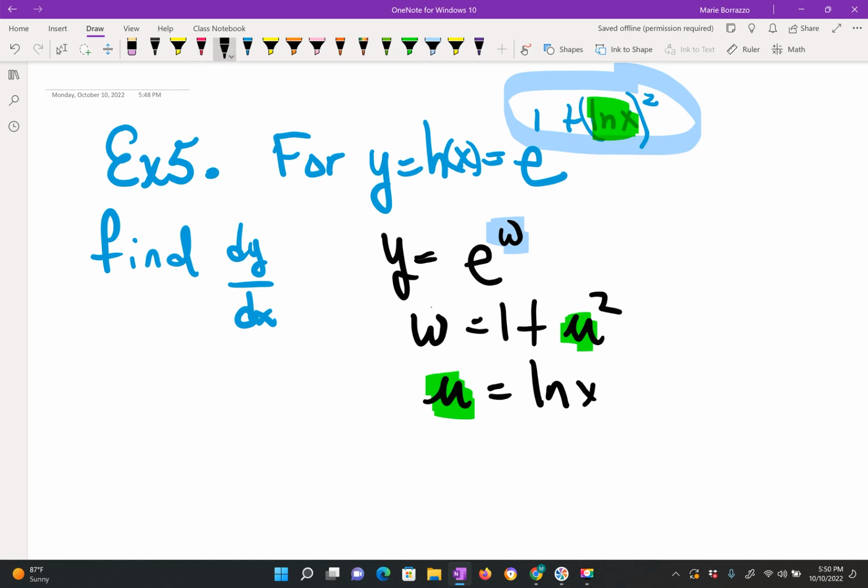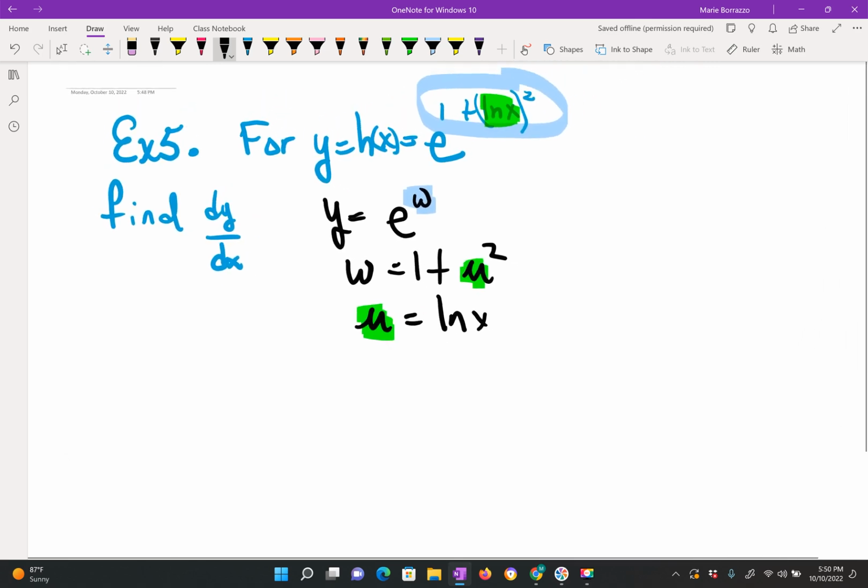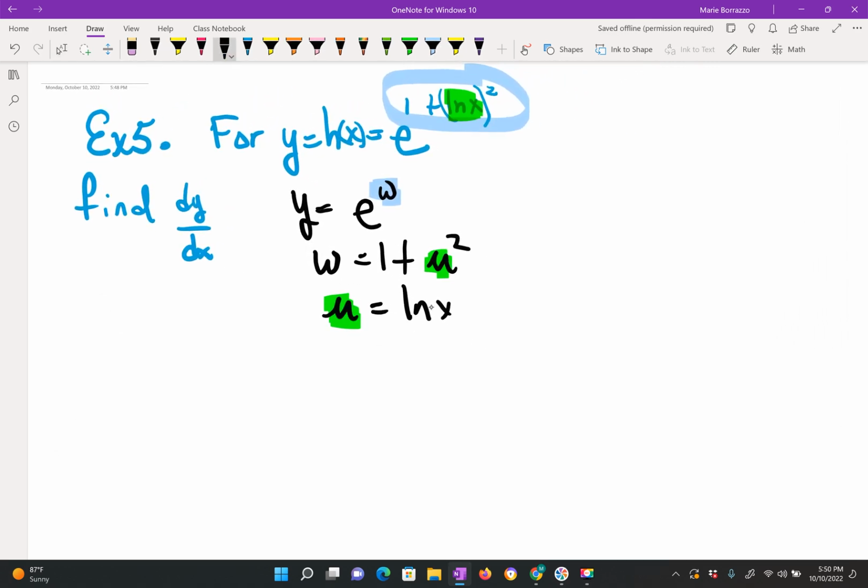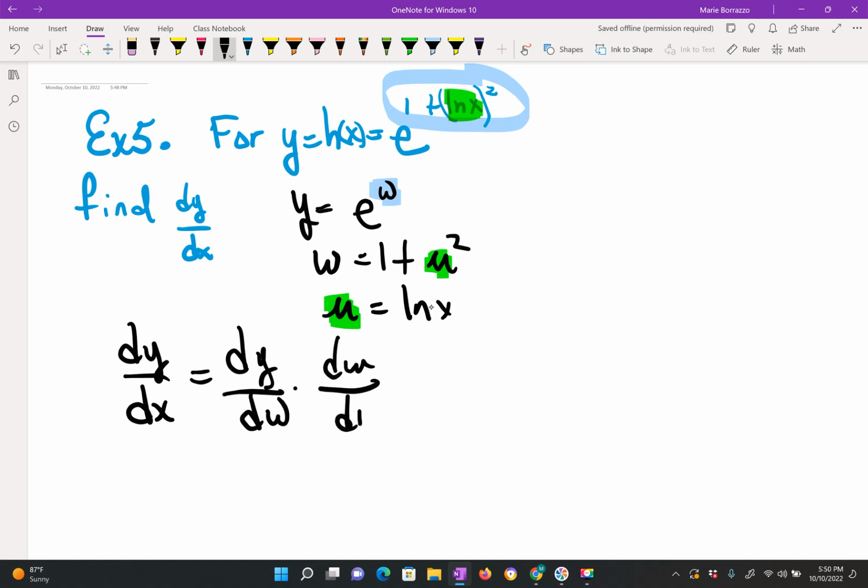Now this is where they started that crazy notation. So I just want you to see the connection. The first derivative dy over dx is equal to dy over dw times dw over du times du over dx.